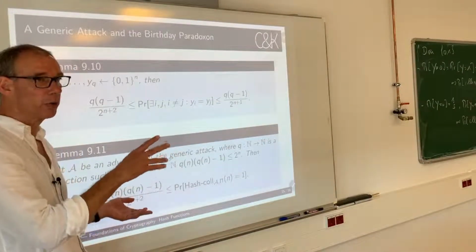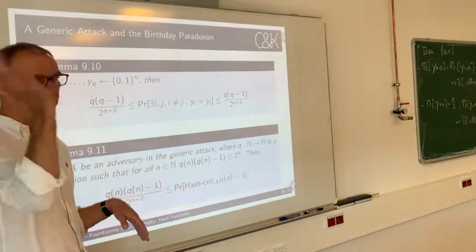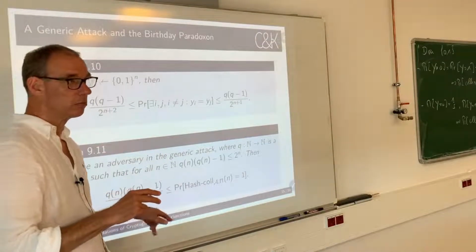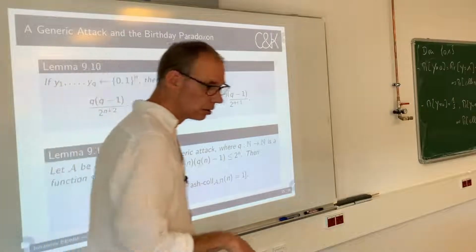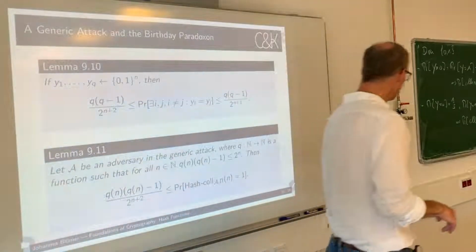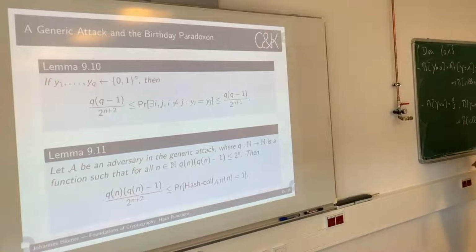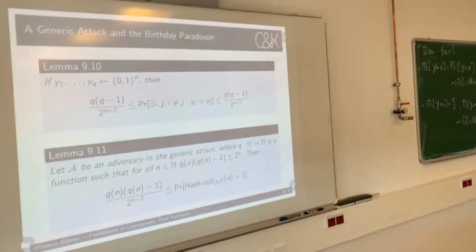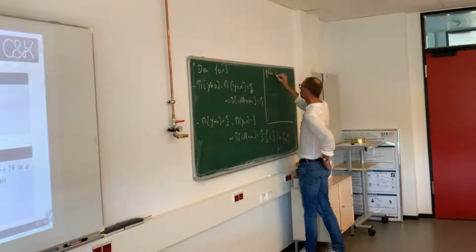Something around 2 to the n divided by 2, right? Well, if I say pick, let me do this. Here, if I pick Q to be, say, 2 to the n divided by 2 plus 1.